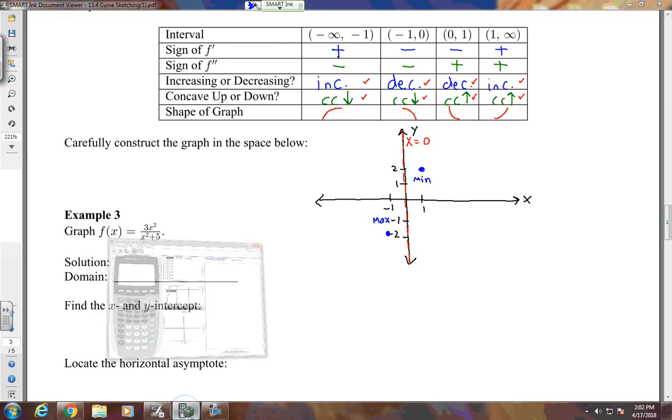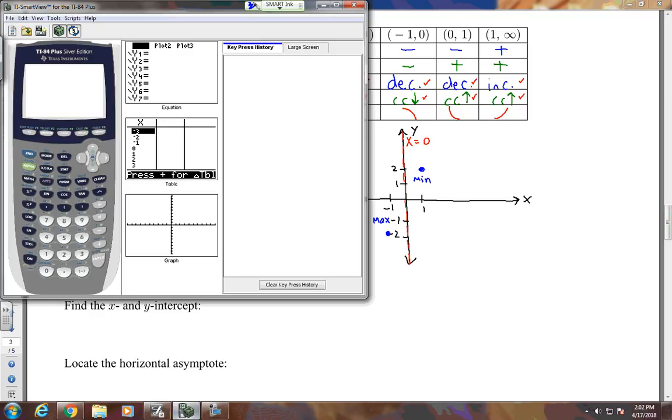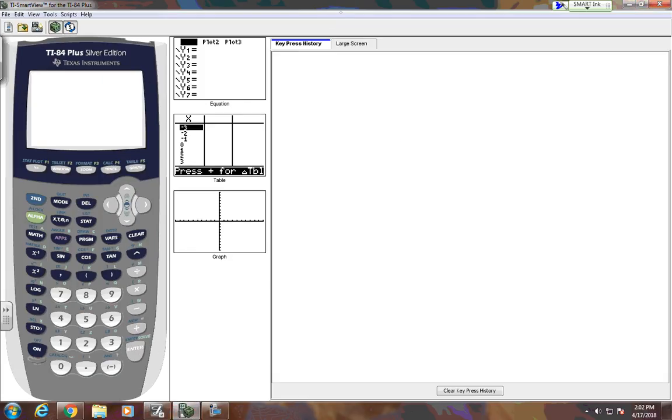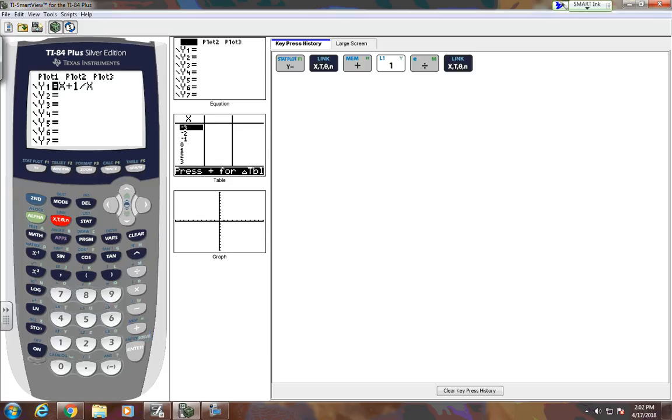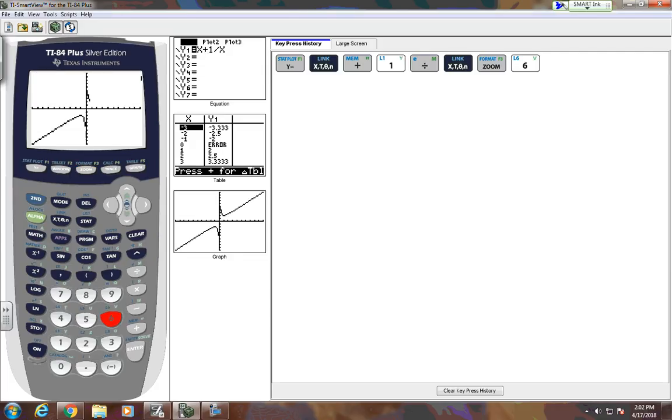Now, to help us put all this information together, if you haven't done so already, let's take a peek at the graphing calculator. I'm going to go to y equals, I'm going to type in the original function, x plus 1 over x, and then I'm going to do zoom 6 to begin taking a look at this graph in the standard viewing window.